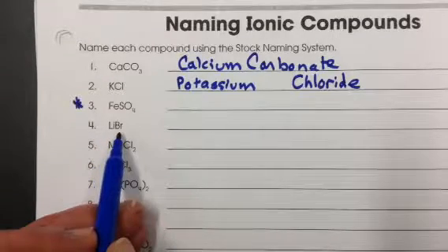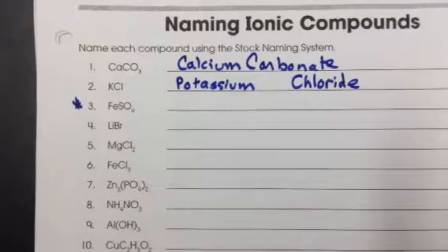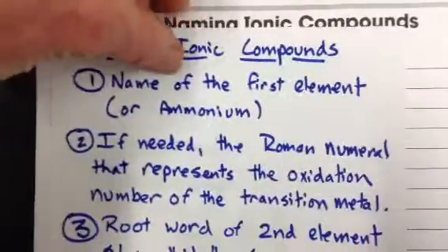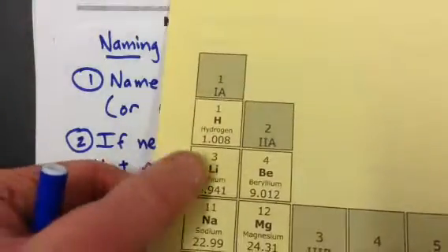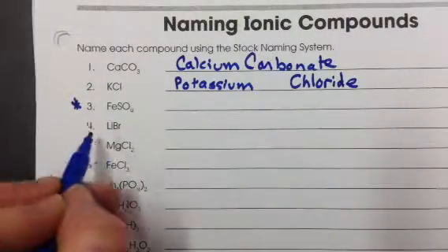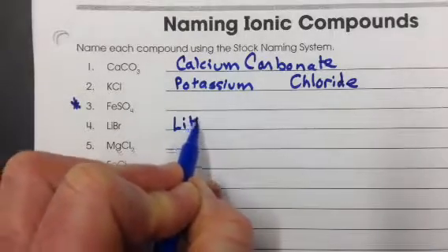Lithium, and this is lithium. So name of the first element, or ammonium. We're going to look at Li, and that is lithium. It's an alkali metal. It's not a transition metal. So we're going to write the name of the first element.